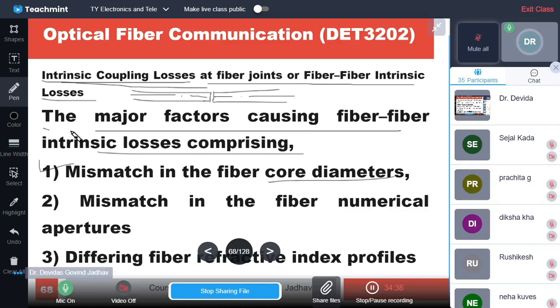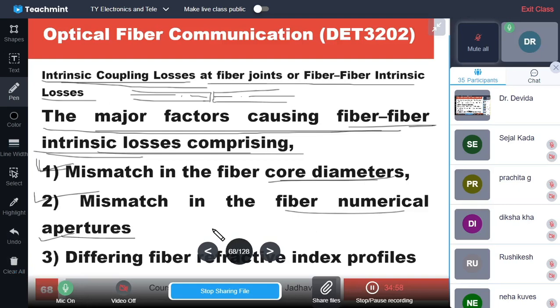So the major factors causing the fiber intrinsic losses are mismatch in the fiber core diameter, mismatch in the fiber numerical aperture, and mismatch in the index profiles, that is, differing fiber refractive index profiles, that is alpha. One fiber has alpha 1, another fiber has alpha 2.